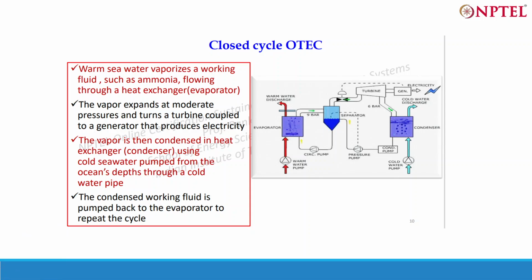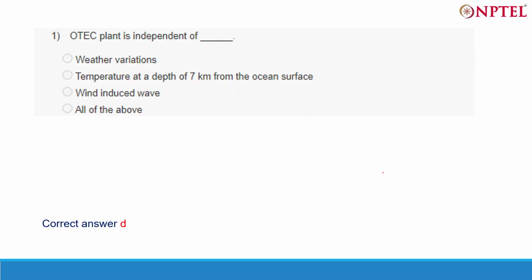Okay, I think this one was done already. The OTEC, Ocean Thermal Energy Conversion plant in India is independent of what? Weather variations do not affect OTEC much because the temperature difference is what we are looking at, and since seawater absorbs energy from solar radiation, that is available itself.